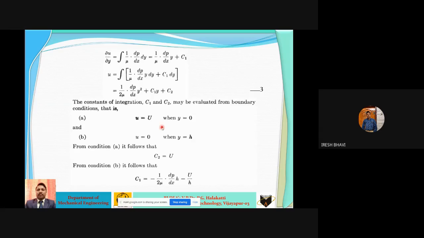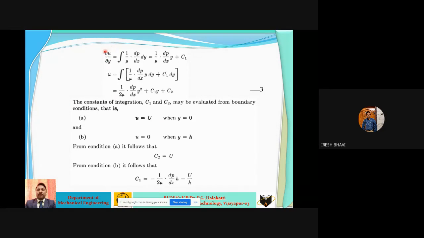Now integrating equation 2 twice with respect to y. Why? Because we want u. Now it is a double differentiation. Suppose you integrate it 2 times, it will become u. See here.